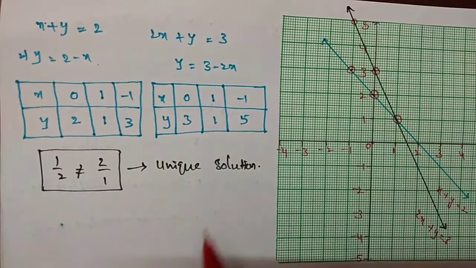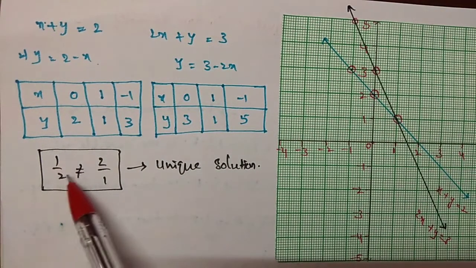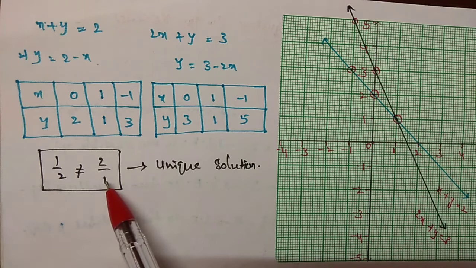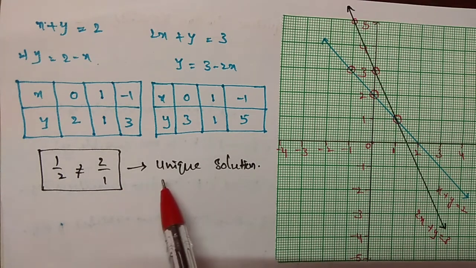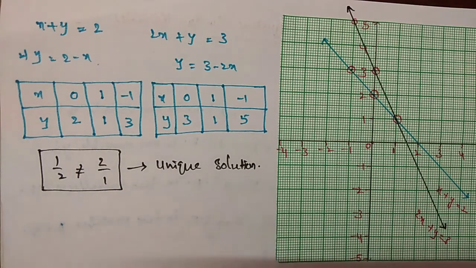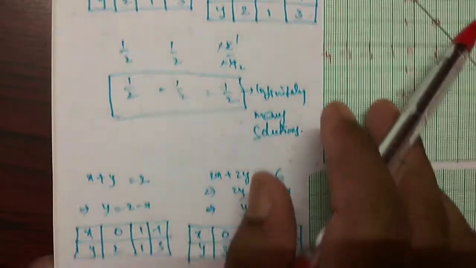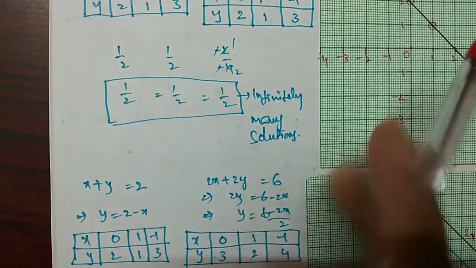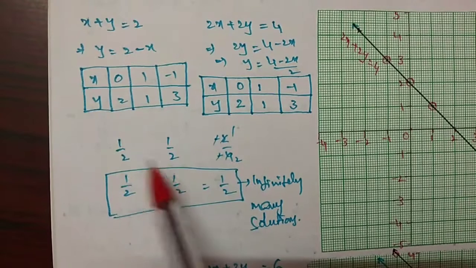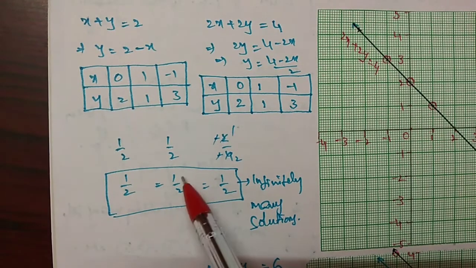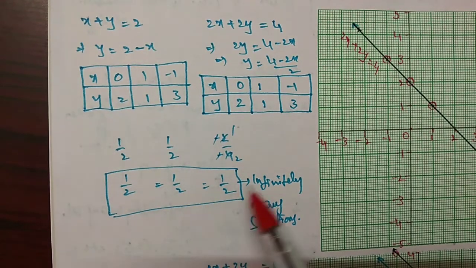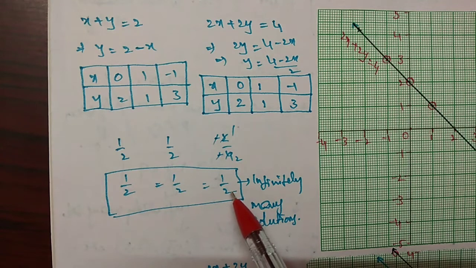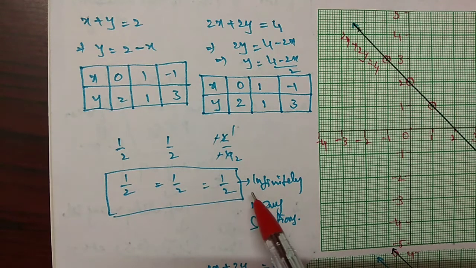So the conclusion is: if the ratio of coefficients of x is not equal to the ratio of coefficients of y, then the pair of linear equations has a unique solution. If the ratio of coefficients of x equals the ratio of coefficients of y equals the ratio of constants, then the pair of linear equations has infinitely many solutions.